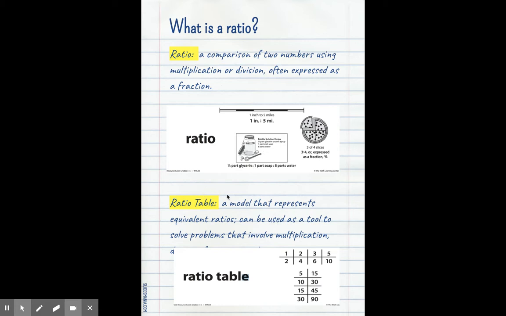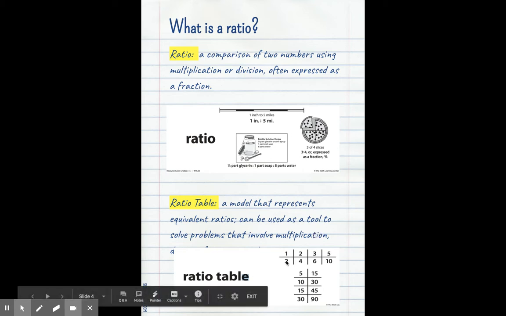And then the ratio table is a model that represents equivalent fractions, and can be used as a tool to solve problems that involve multiplication. It can also use division and subtraction as well. The ratio table here shows a ratio table that starts with 1 to 2, and then the number goes up to 2, 3, and 5, and the ratio stays the same.